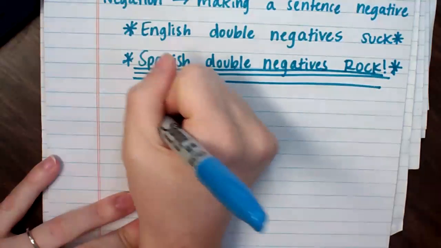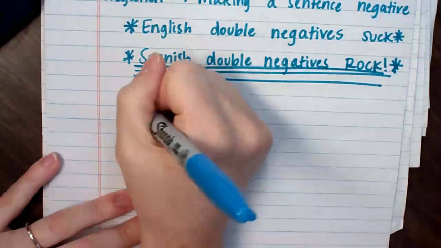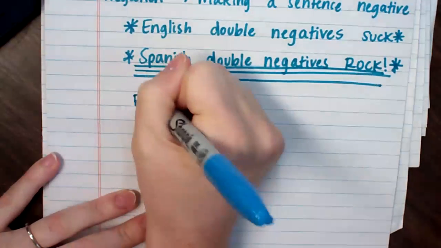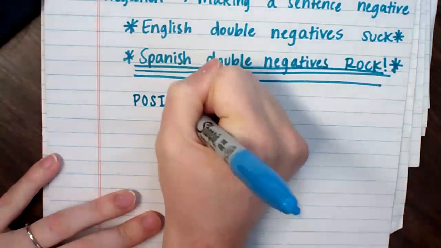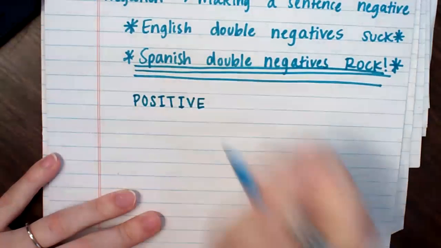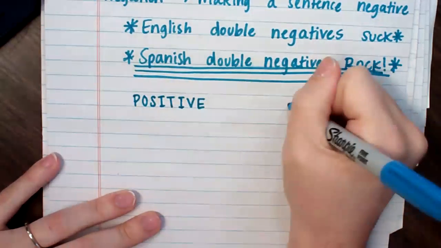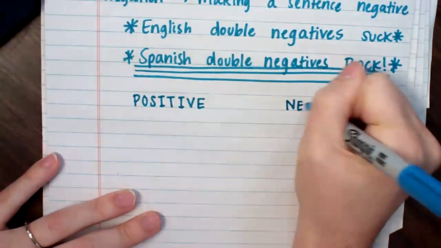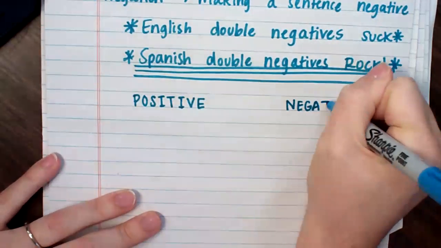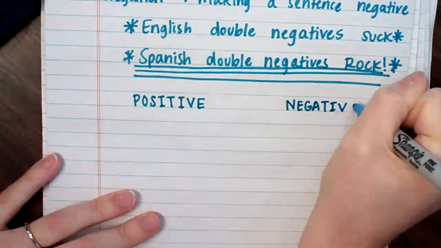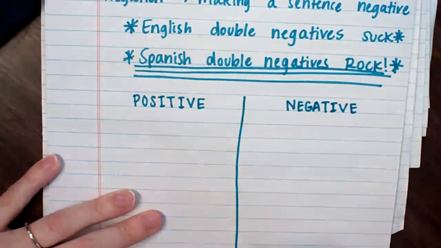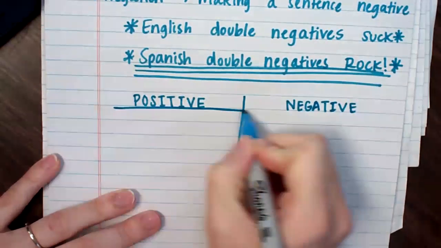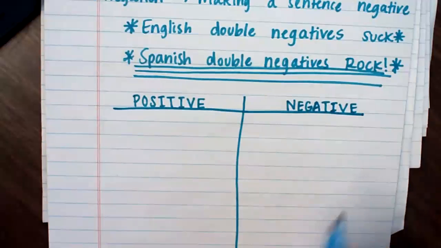So what I'm going to do, I'm going to make a little chart, because all the negatives that we're going to talk about have a positive counterpart. So this chart is going to show like these are the opposites of these words.